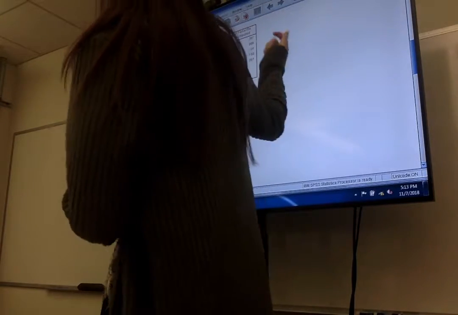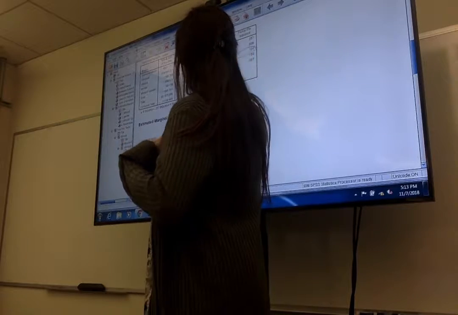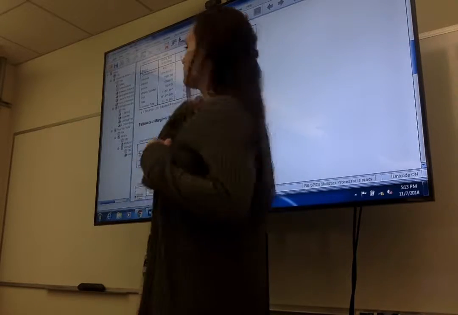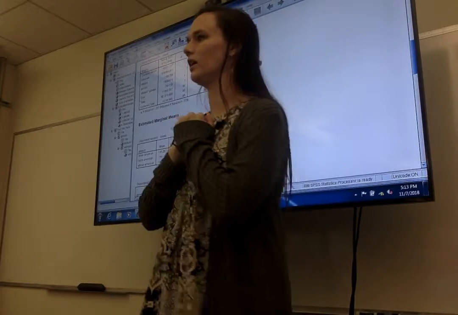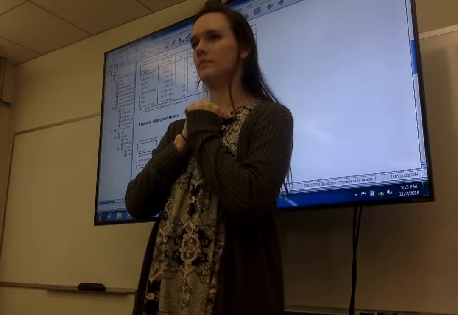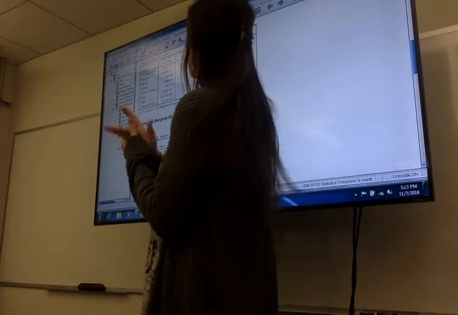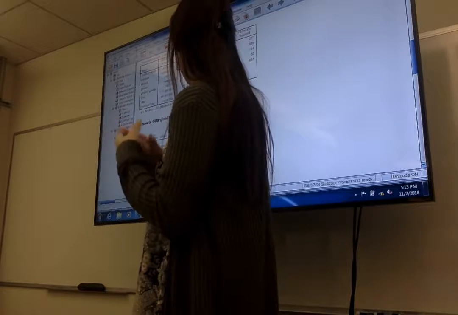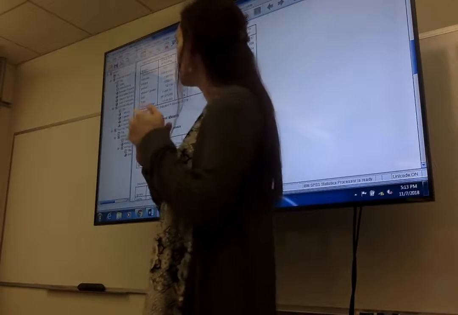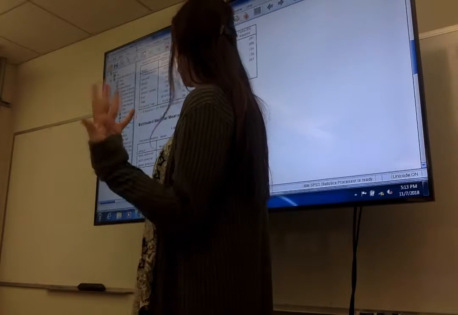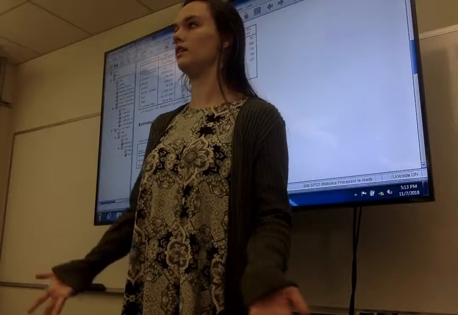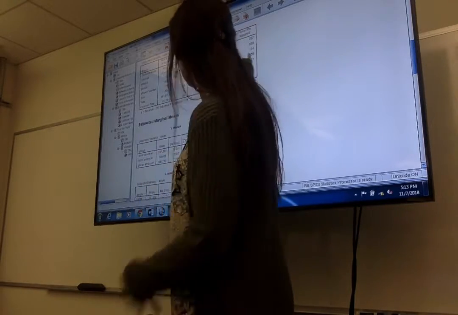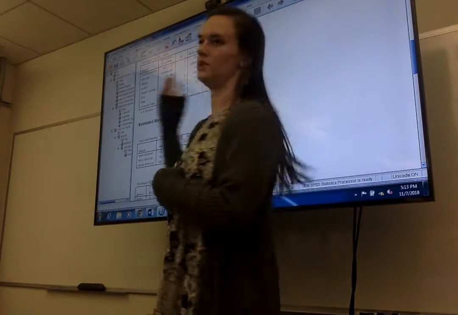So does anybody remember how we interpret this number? Percentage of variance. So in the population, ethnicity accounts for 10.4% of the variance in the DV, and gender accounts for 15% of that.